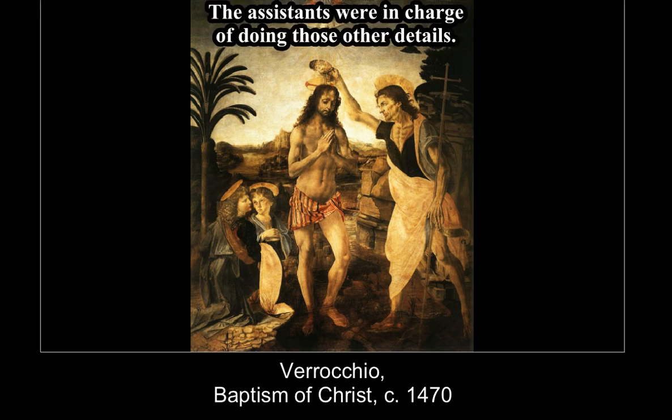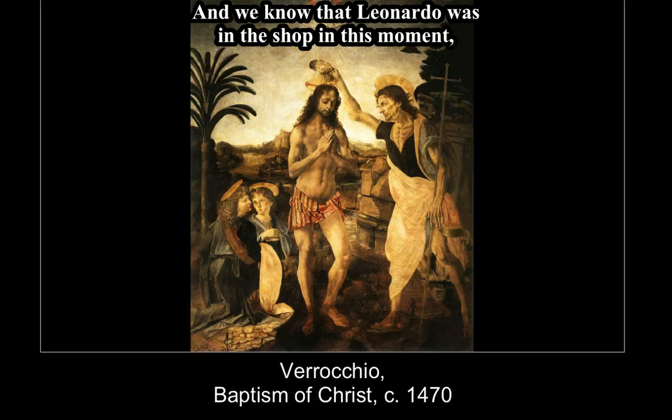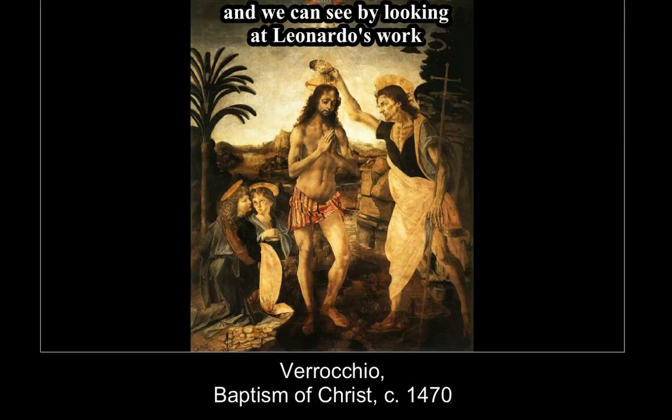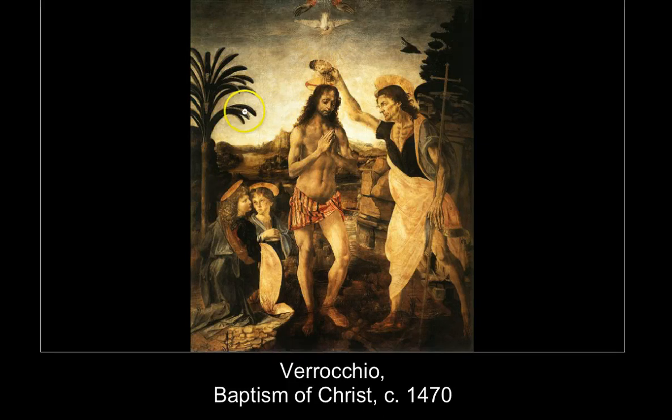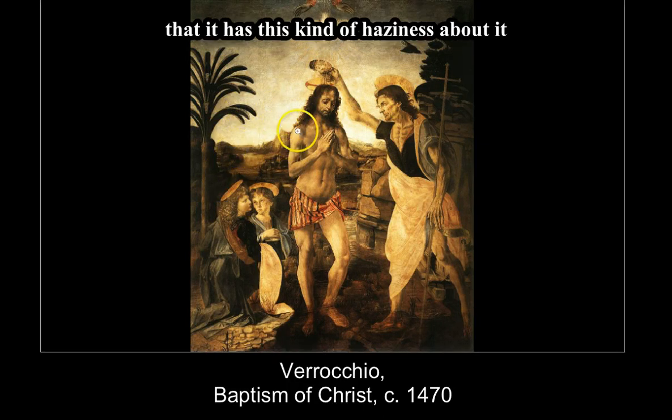The assistants were in charge of doing those other details, and we know that Leonardo is in the shop at this moment. We can see by looking at Leonardo's work after this point that this treatment of the landscape has a kind of haziness about it.